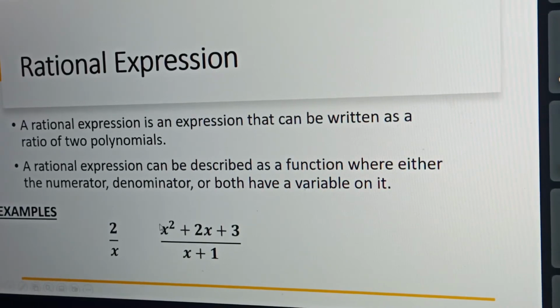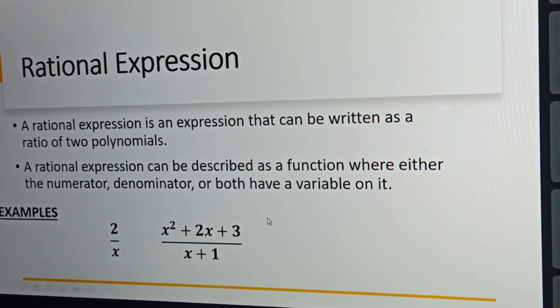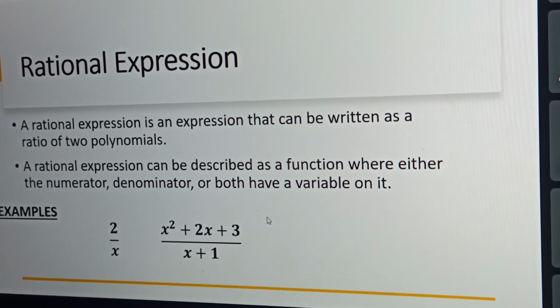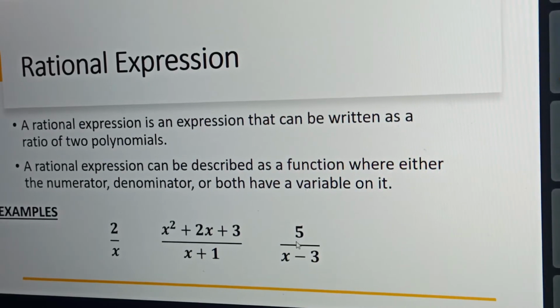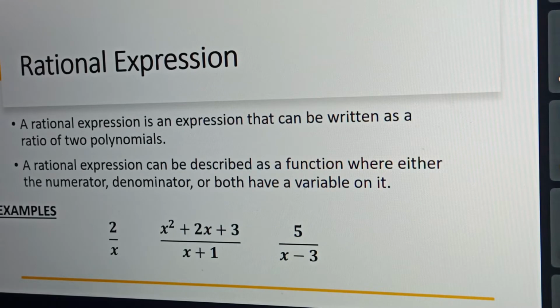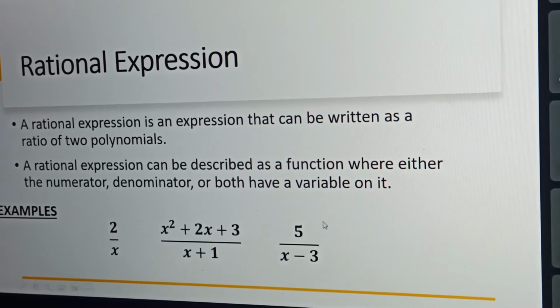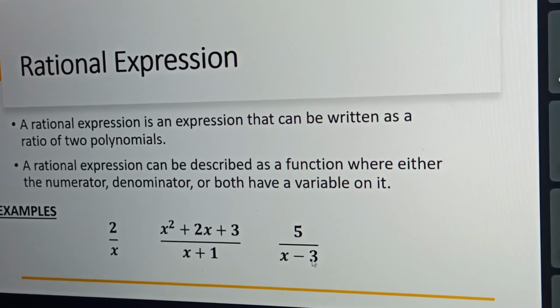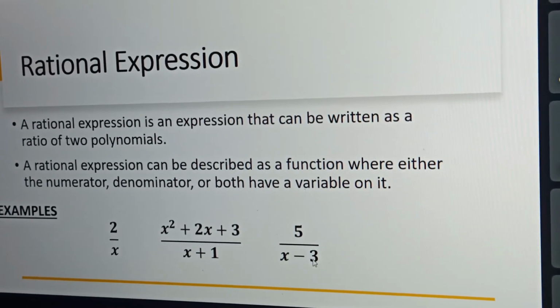Okay, and wala naman kayo nakikita ditong square root, so therefore, this is also an example of a rational expression. And next one, we have 5 over x minus 1. Ay, sorry. X minus 3 pala. Okay. So, example rin po yan ng rational expression kasi wala naman tayong nakikitang negative exponent and also wala tayong nakikitang radical sign or square root.